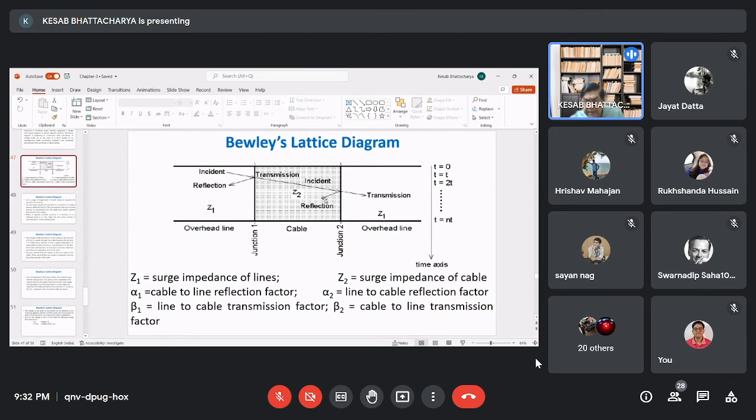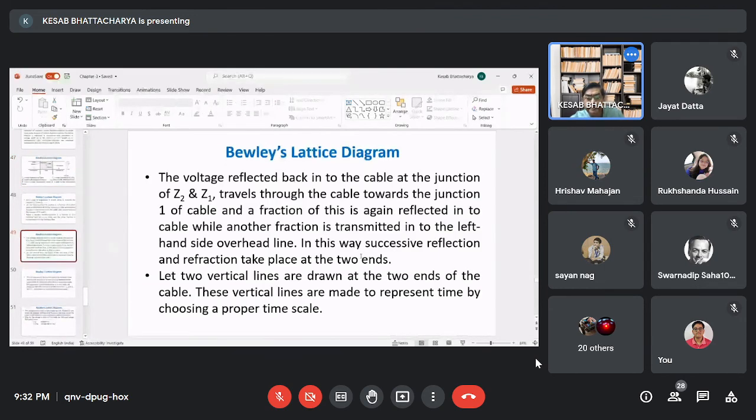Now, this reflected wave, when it again reaches junction 1, a part of it will be reflected in the cable itself and a part will be transmitted forward. Likewise, successive reflections and refractions will continue. Do you understand this point? Do you understand or not? You tell me.